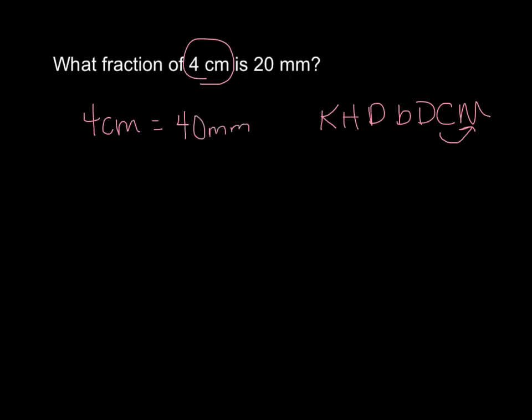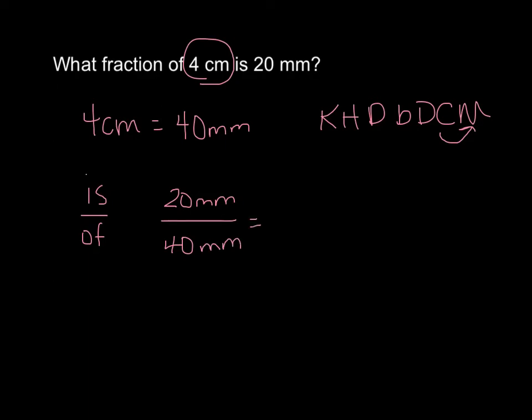Now the second part of this question is what fraction of the 4 centimeters, which is now 40 millimeters, is 20 millimeters. And in these kind of problems you want to remember is always goes over of. So is was 20 millimeters. Of was 40 millimeters.